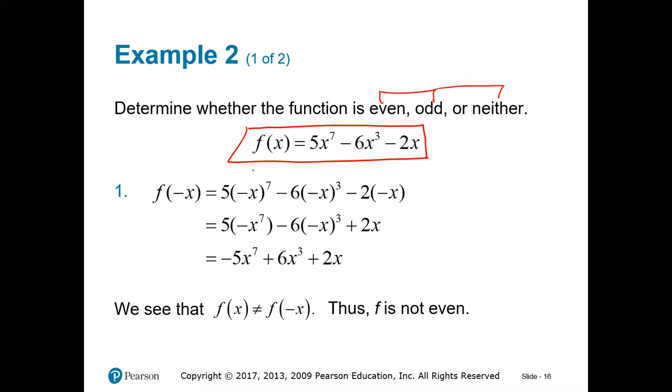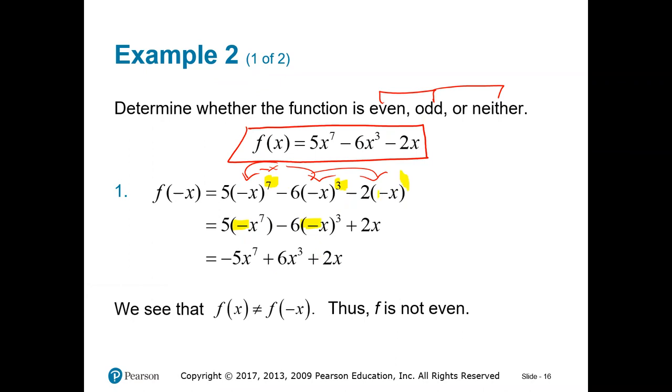So in order to do that, I want to plug in negative x everywhere I see x and see what happens. So when we do that, that power of 7 is odd. So if it's odd, then we're still going to come out negative, because I can multiply something an odd amount of times and get a negative answer. This cube here is odd, so we're still going to have that negative.